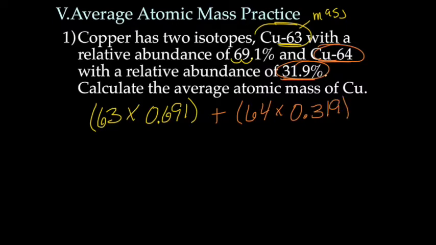0.319. Okay, so now let's do the stuff in the parentheses first. Please double check me on your calculator. Make sure I'm not making a mistake. Okay, so for 63 times 0.691, I got an answer of 43.533.